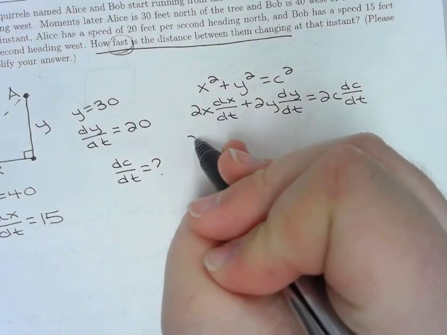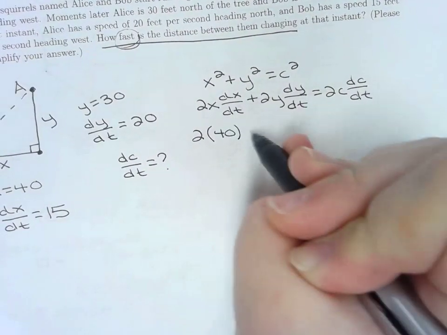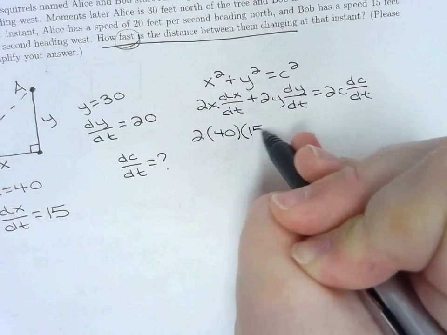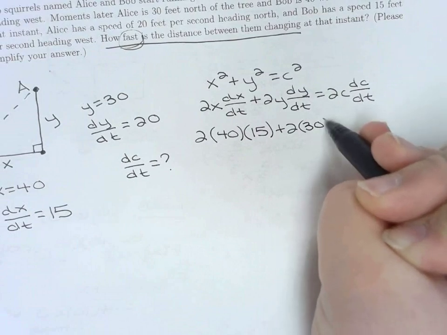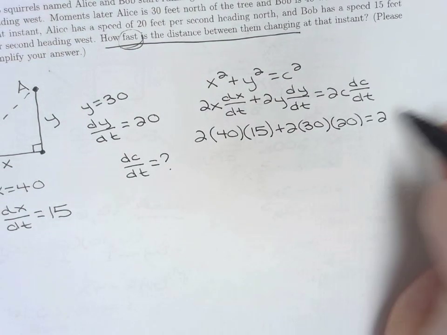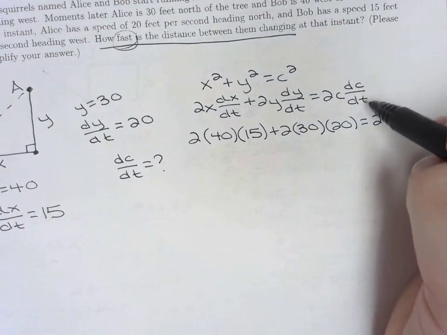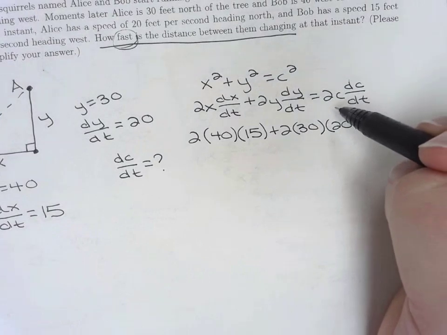So let's start plugging stuff in and see what I need to find. x is 40, dx dt is 15. y is 30, dy dt is 20. You will notice I want to know dc dt, so that's going to be the only thing left. But I know nothing about c.